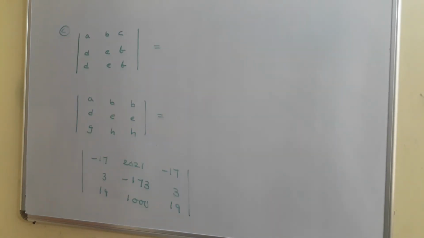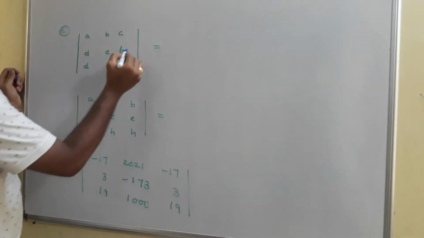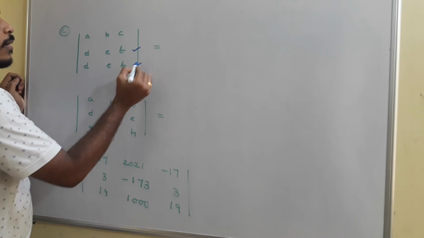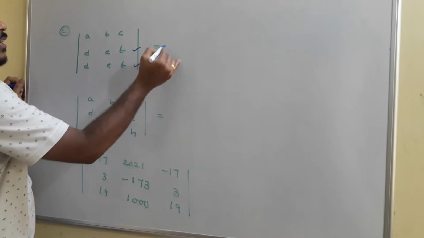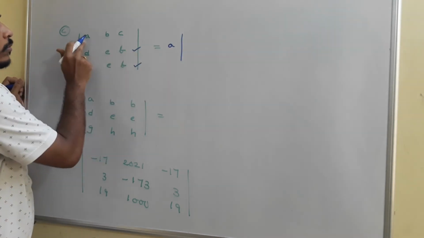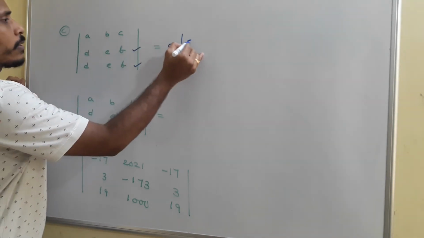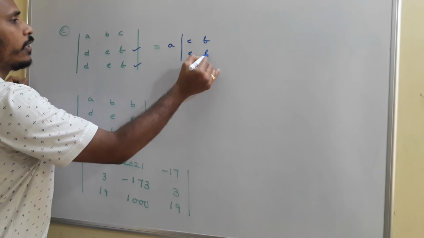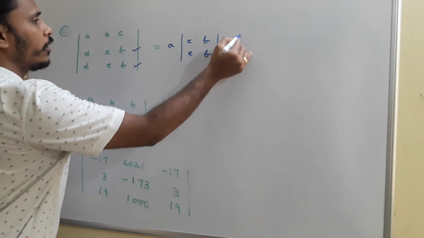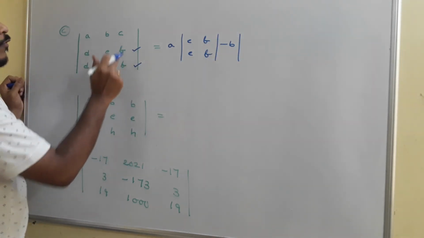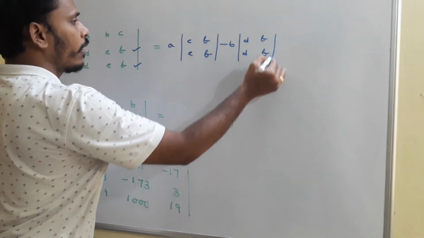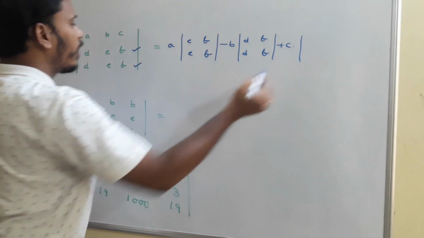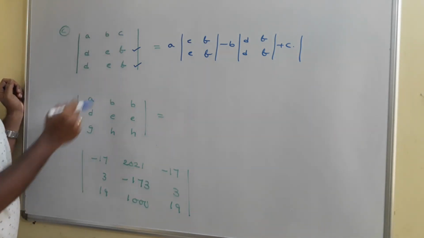The third property of the determinants: if you observe the first one, here the second row and third row are the same, like DEF. If you apply the usual rule to find the determinant, it is A into the determinant of these 4 elements, meaning EF, and then minus B into the determinant of the remaining 4 elements, which are DF, plus C into the determinant of the remaining 4 elements, leaving that row and column.